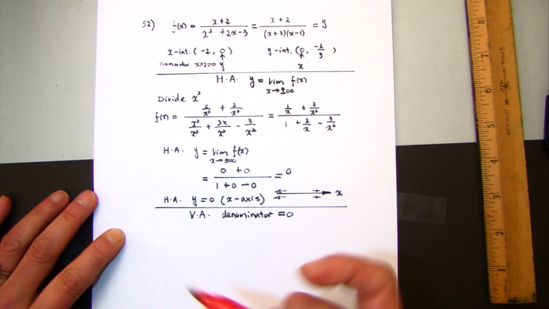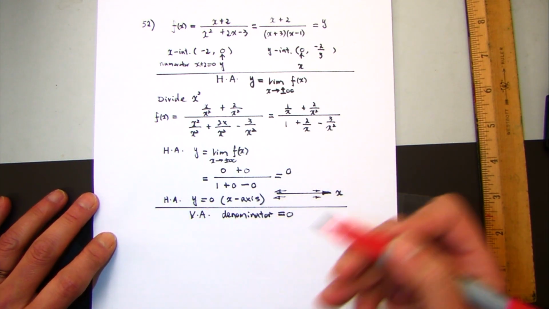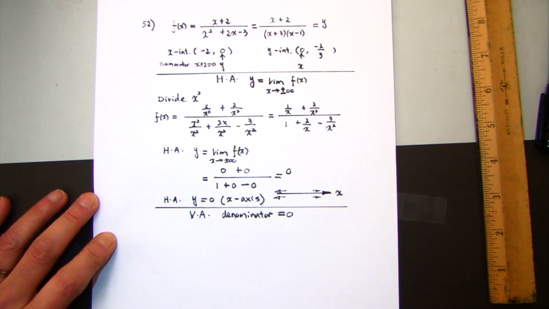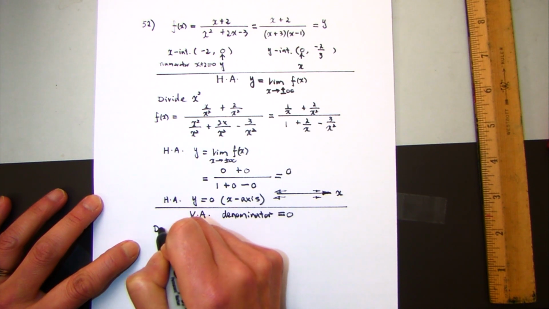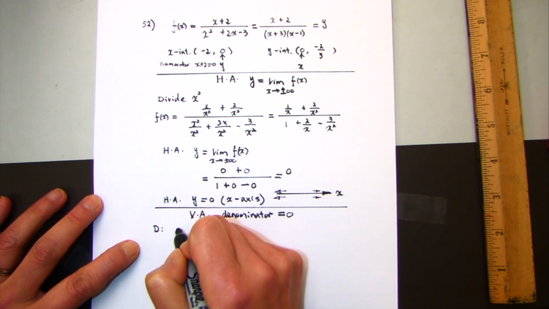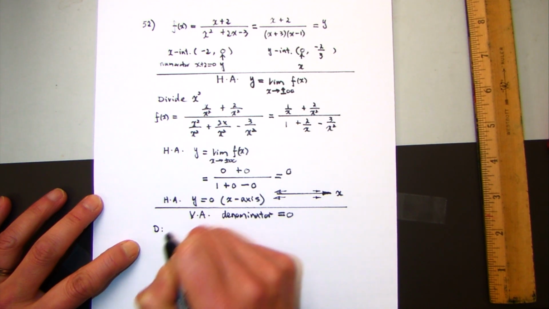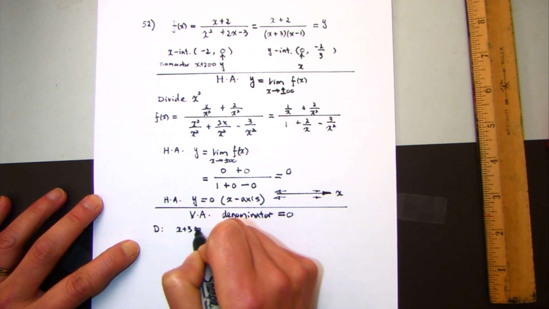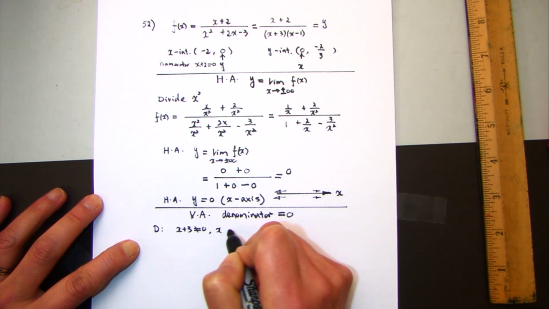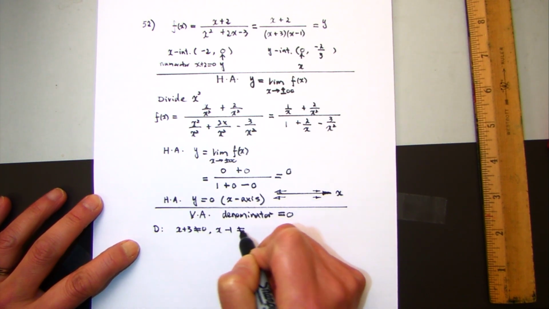Okay, and let me use a different color because it's the same concept here. Ladies, gents, domain is going to be set up as denominator not equal to 0, so that would be x plus 3 not equal to 0, x minus 1 not equal to 0.